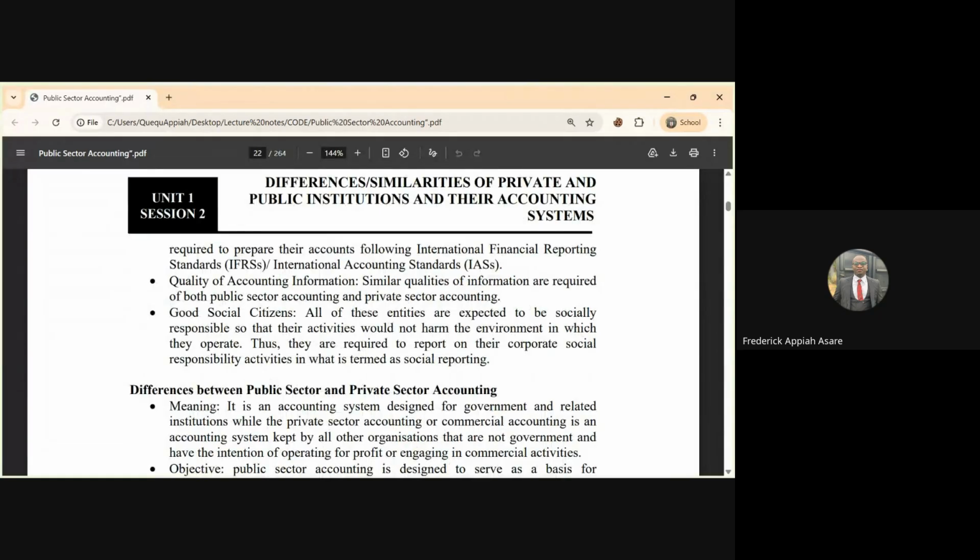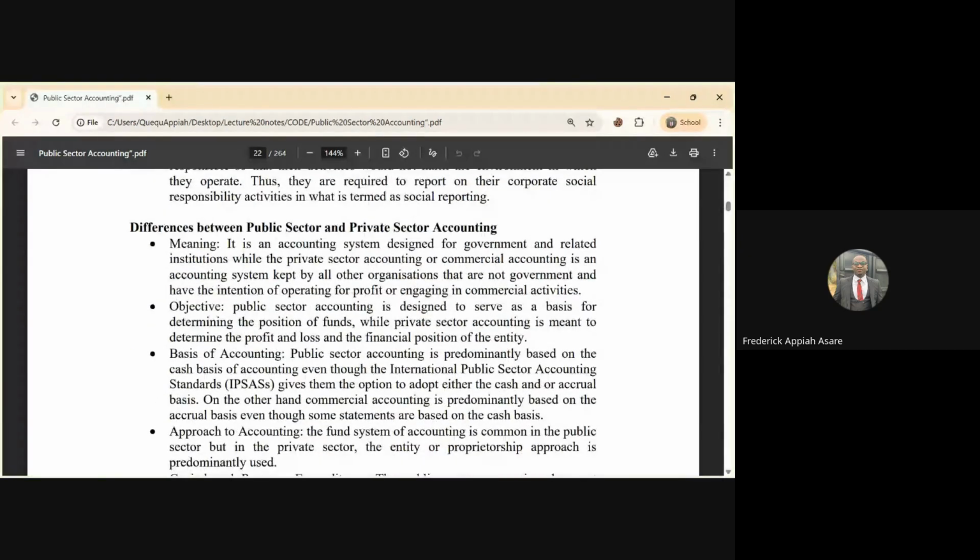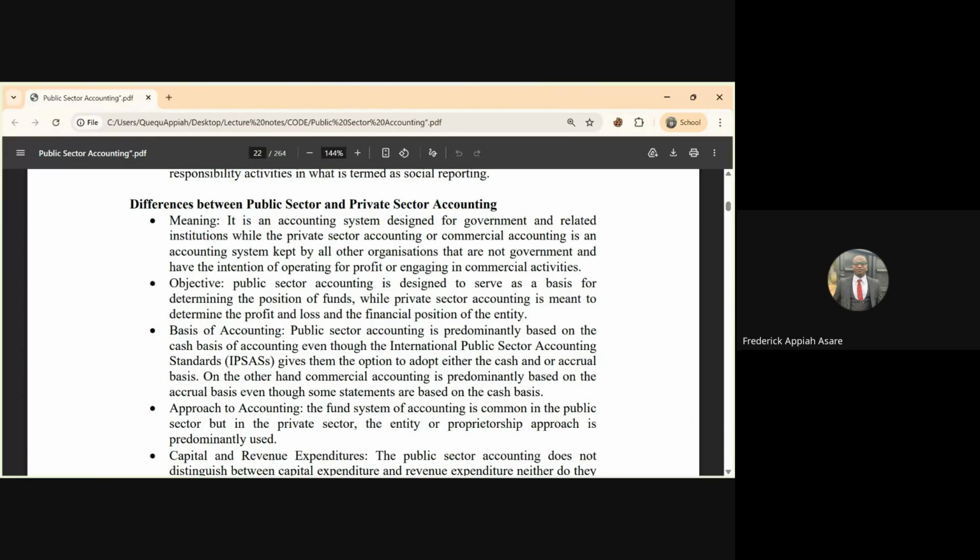They are also expected to be good social citizens, socially responsible so that their activities will not harm the environment in which they operate. Thus, they are required to report their corporate social responsibility activities in what is termed social reporting.